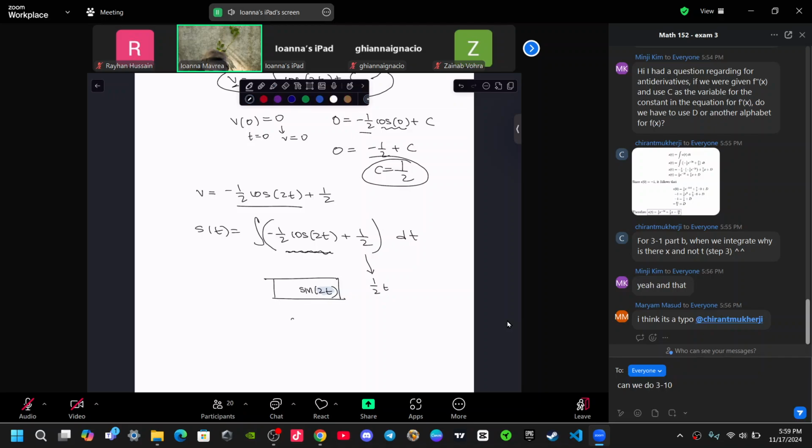So you see, can I just leave it like that with nothing else? Well, let's see. The derivative of sine of t, is it equal to -1/2 cosine of 2t? Well, let's see. The derivative of sine is not negative, number one. It's positive. It is cosine of 2t times the chain rule times 2. That's not good.